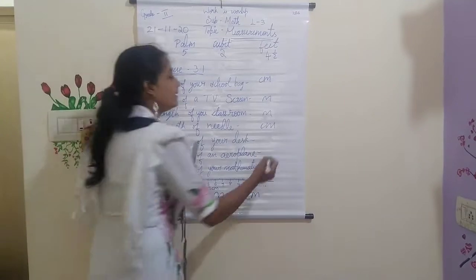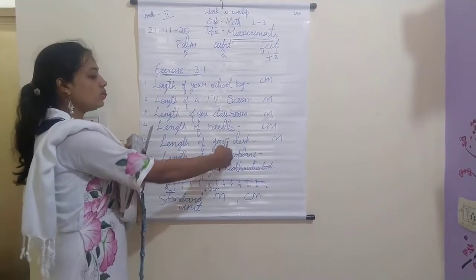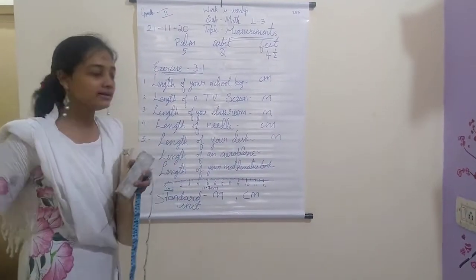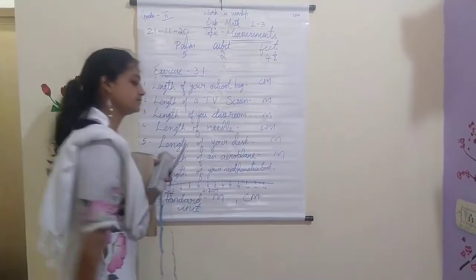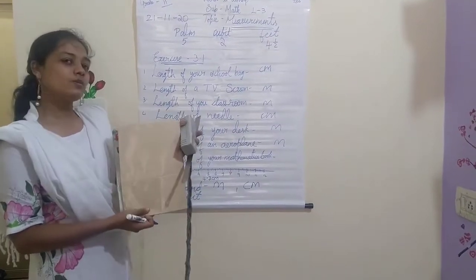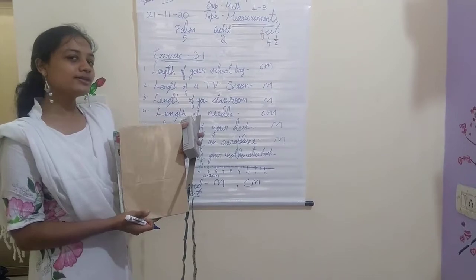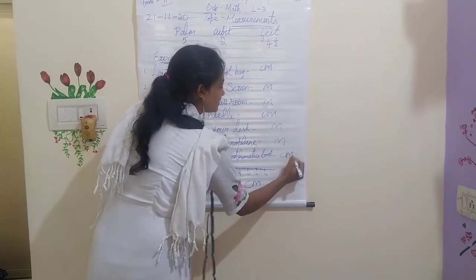You will be using meters. The length of an aeroplane. My God, it's too big, right? So you will be using meters. Now come to your math textbook. For this, which unit will you use? Meters or centimeters? It is centimeters.